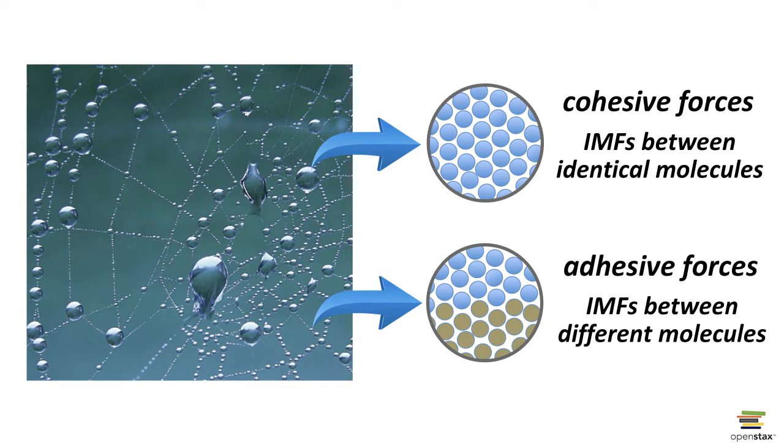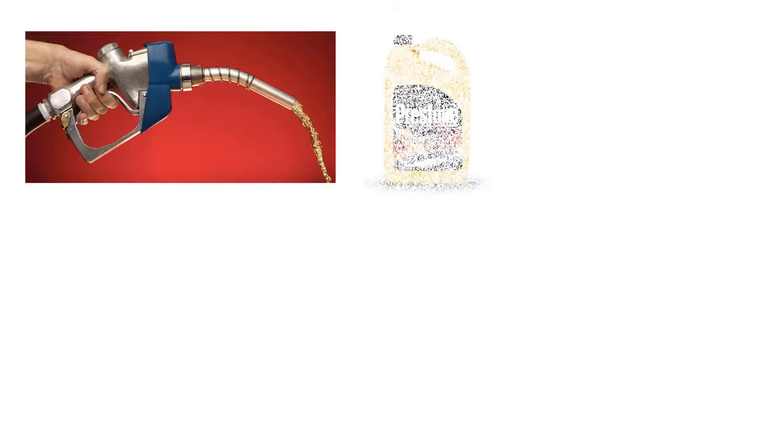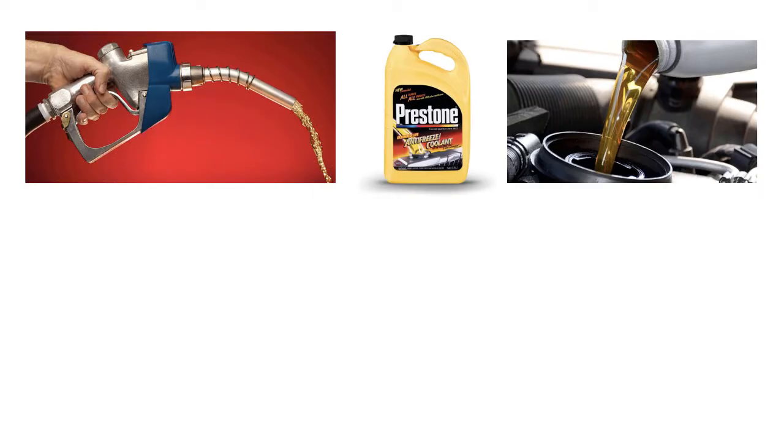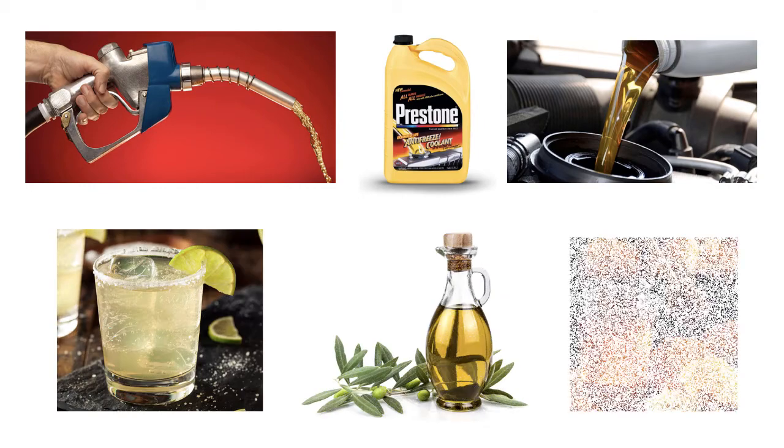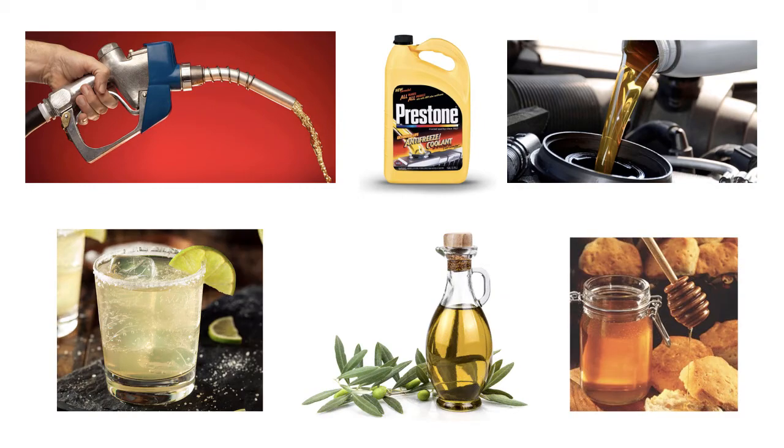All liquids have cohesive forces between their molecules and adhesive forces between their molecules and those of another substance, and the characteristics of these attractions determine the properties and behavior of a given liquid. For example, gasoline versus antifreeze versus motor oil, or alcohol versus olive oil versus honey.